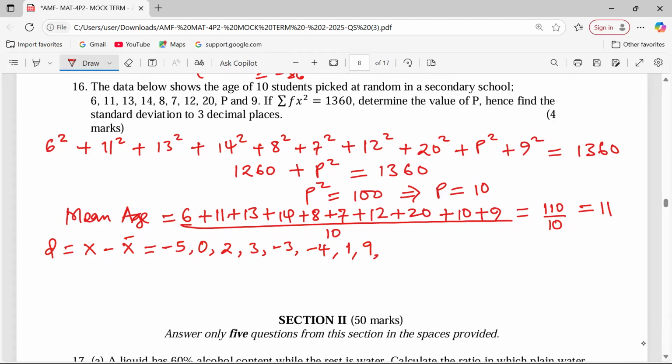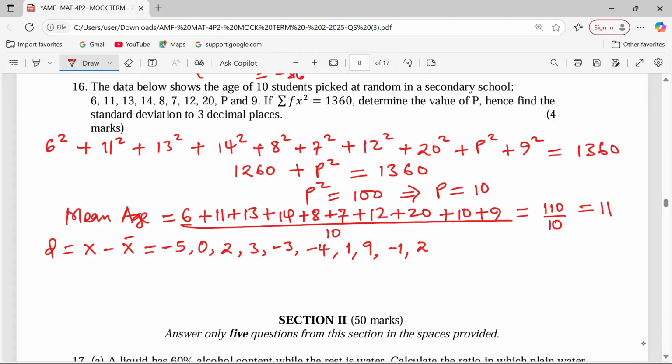Like that. We continue listing all of them. 10 minus mean of 11, -1. Then finally, 9 minus 11, we get -2. So those are the deviations.